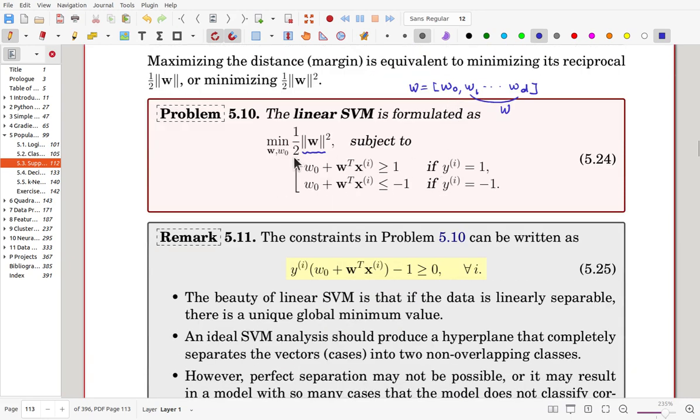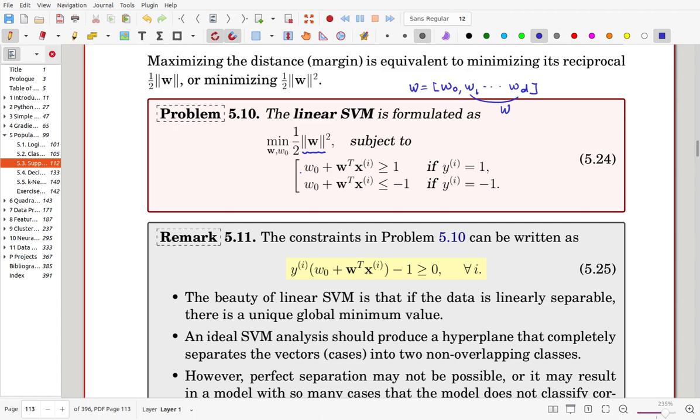Now that's the objective function for the linear support vector machine. These two conditions can be written in this way. We multiply by yi, which can be either 1 or -1. If it is 1, nothing changes.